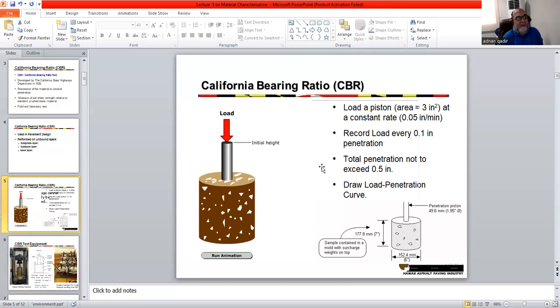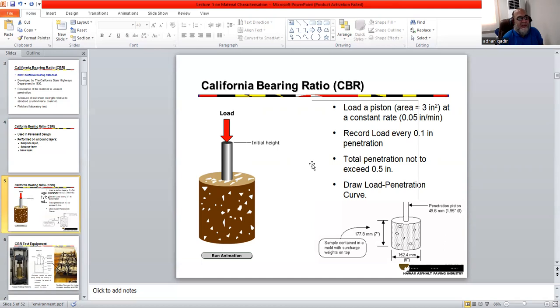So obviously, the prerequisite for this test is a test commonly known as the modified Proctor test.